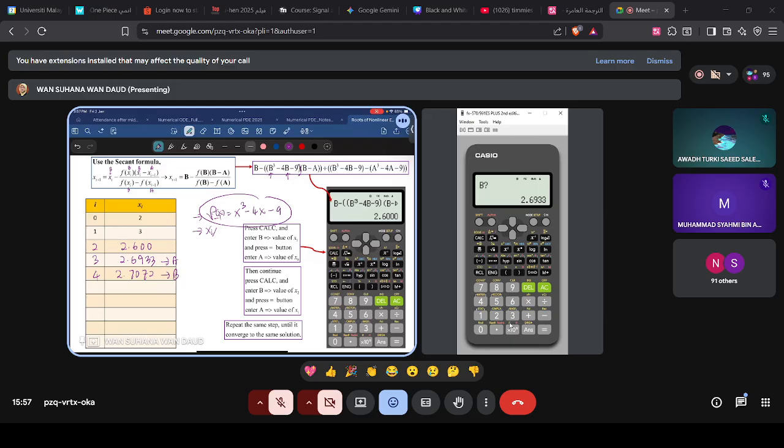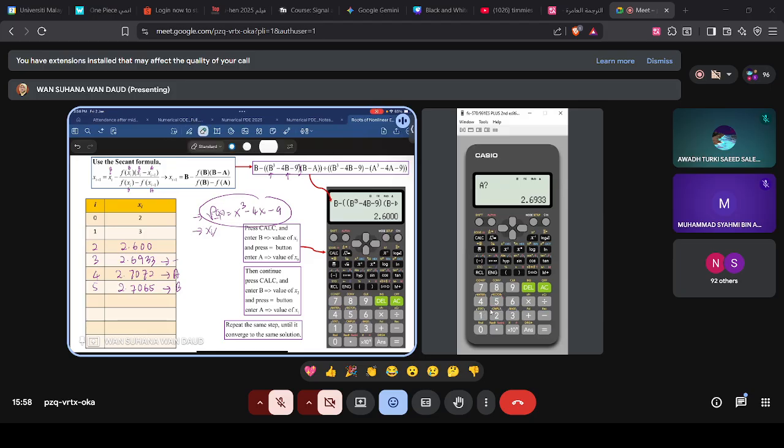The current B is 2.7072, equal. The current A is 2.6933, equal, and you get 2.7065. Now this one will be B, this one will be A. Press B, 2.7065, equal.